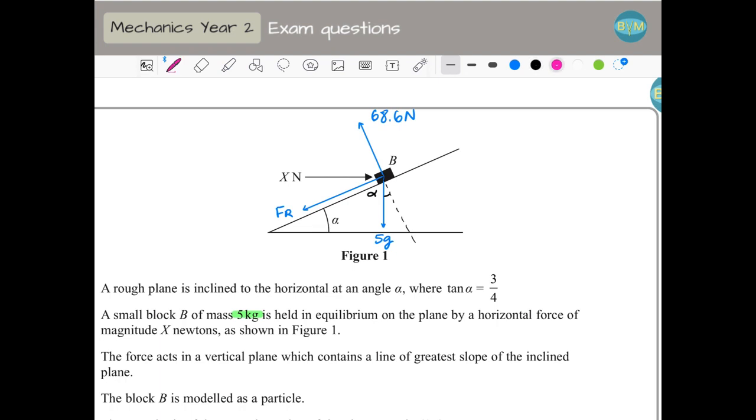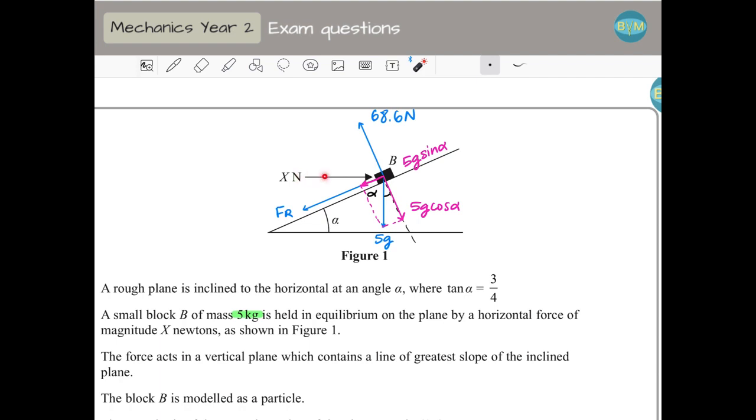So the component perpendicular to the slope of the weight is pointing that way, and it's going to be 5g cos alpha. This is the adjacent in this right angle triangle, and the parallel to the slope component is going to be 5g sine alpha, because this length is opposite.